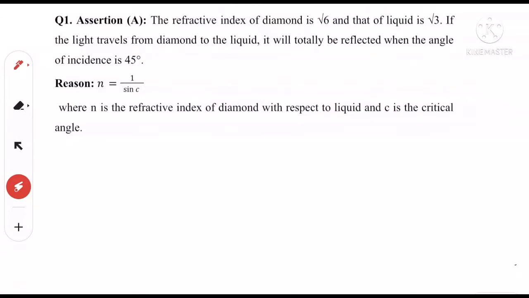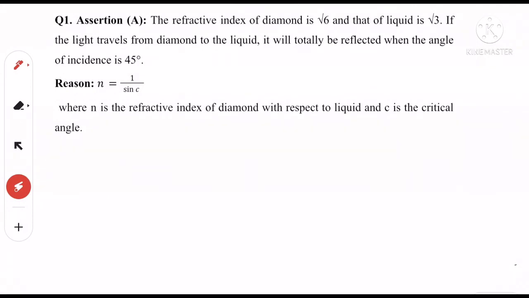Now we are taking some examples. First one: the assertion is that the refractive index of diamond is under root 6 and that of the liquid is under root 3. If the light travels from diamond to liquid, it will be totally reflected when the angle of incidence is 45 degrees.